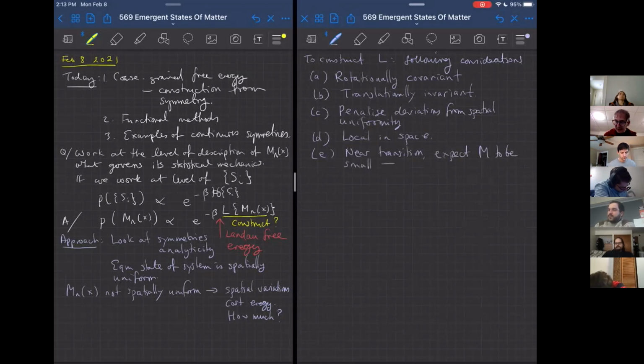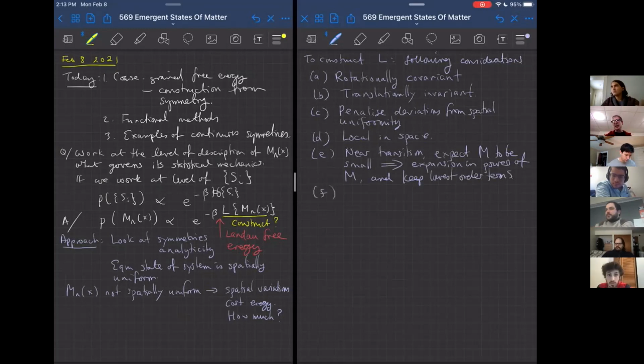And so that means that it should be an expansion in powers of m, and we keep the lowest order terms. And then the last consideration is that it should be analytic.